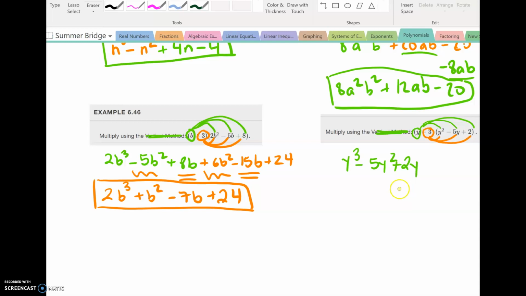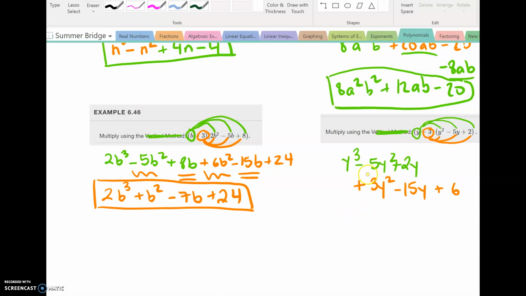So I'm just going to actually cheat a little bit, and I'm going to go ahead and kind of align things here. So 3 times y squared is 3y squared. 3 times negative 5y is a negative 15y. And then 3 times 2 is a positive 6. Okay, I kind of did this strategically because now look, these line up. So me running out of space kind of helps out.